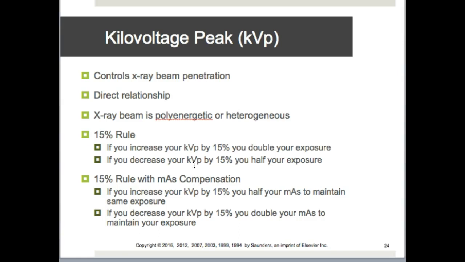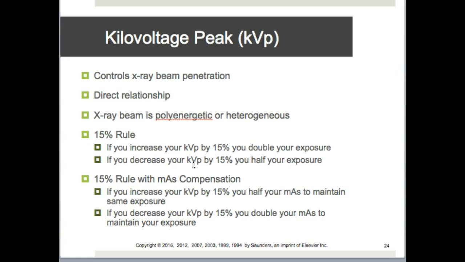Now there's another rule, it's the 15% rule with mAs compensation. So if we want to maintain our image exposure, we like our image exposure, but we want it a little more contrasty, or we notice that the image is starved because our kVp is too high. So we can increase our kVp by 15% and halve the mAs to maintain the same exposure.